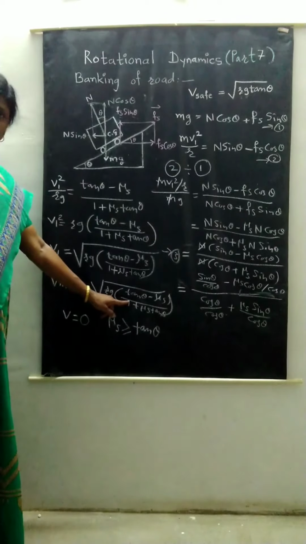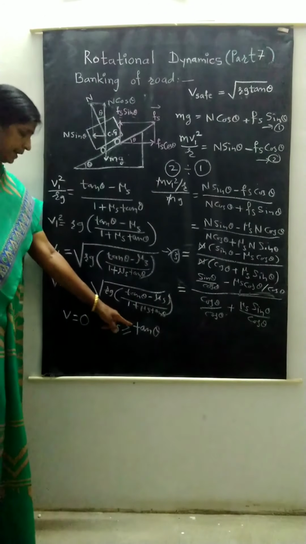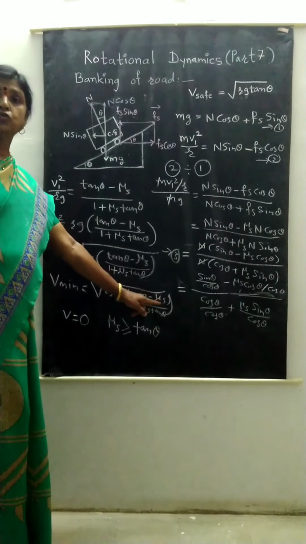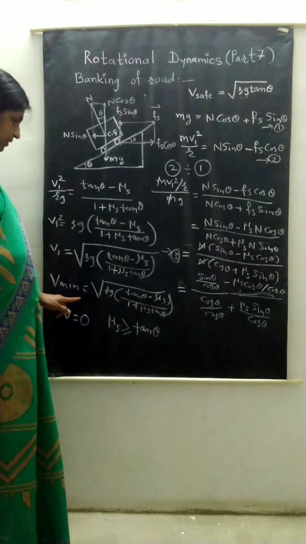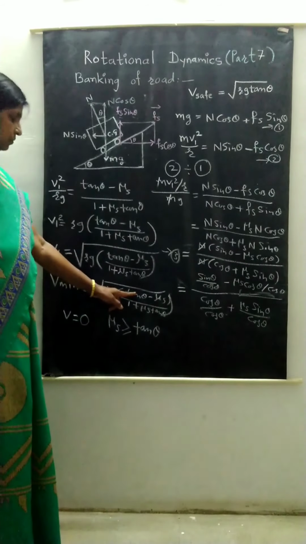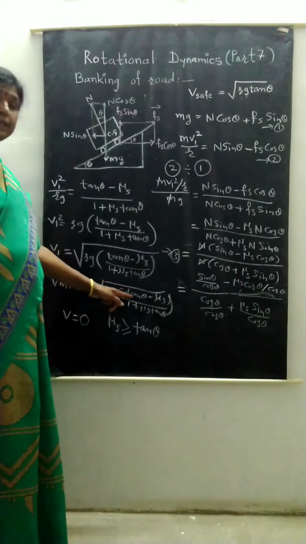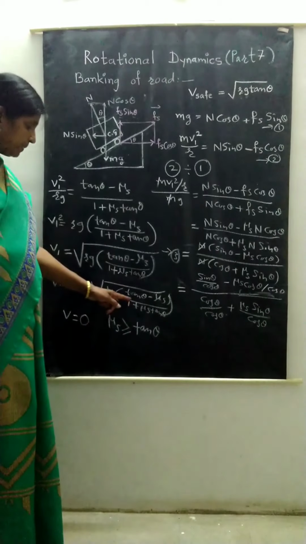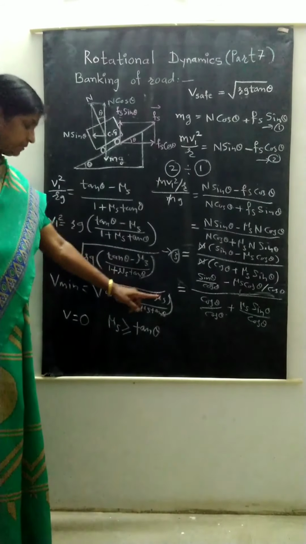For this, the angle of banking should be small and the road surface should be rough. So this equation gives us the minimum speed with which we can drive the vehicle on the banked road. The angle of banking is theta in this case, and mu s is the coefficient of friction.